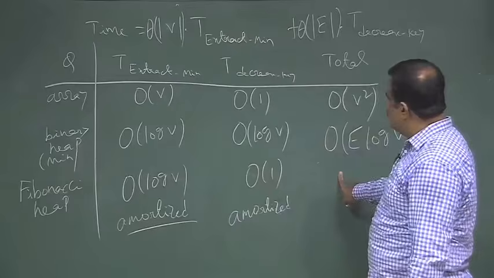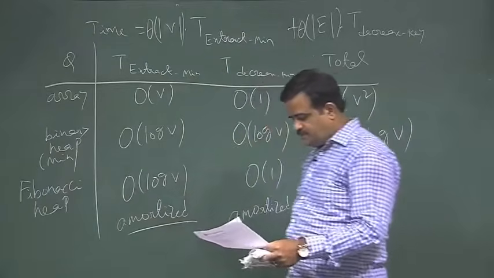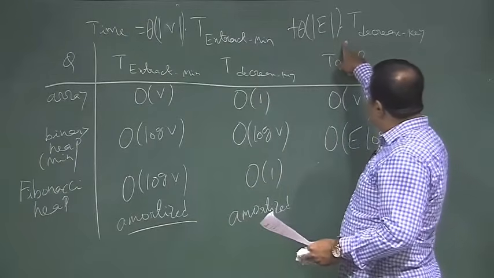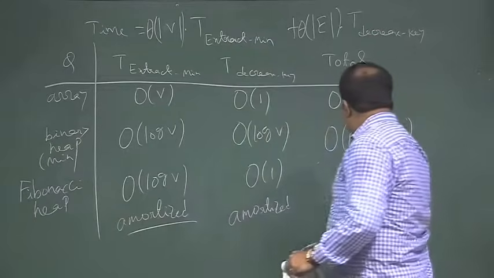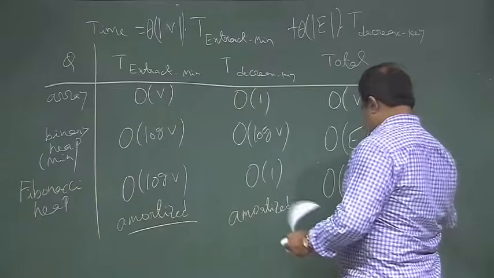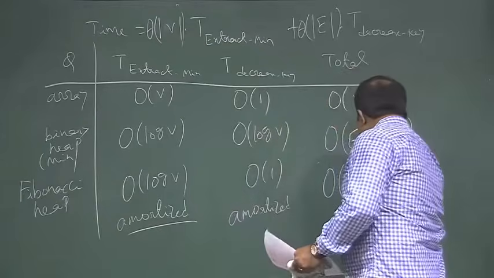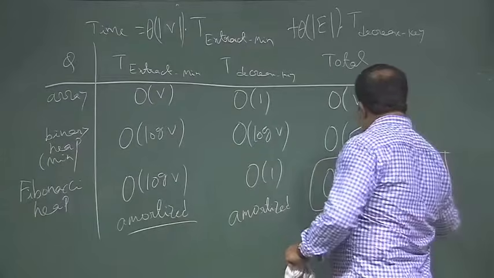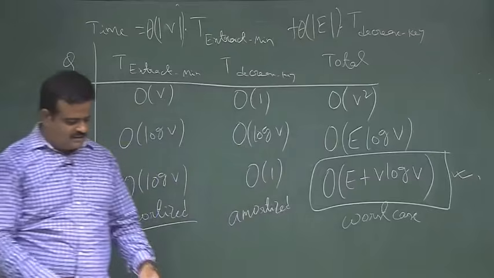So, the total will be order of V into log V, plus order of 1 per decrease key, which is E. So, basically it will take E plus V log V. So, the total time complexity is E plus V log V. This is the best among these, and this is also a worst case amortized analysis. This is the best data structure for this analysis.